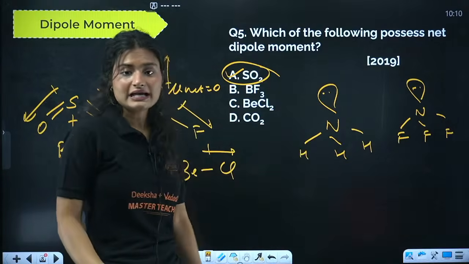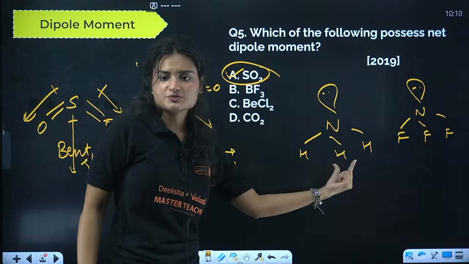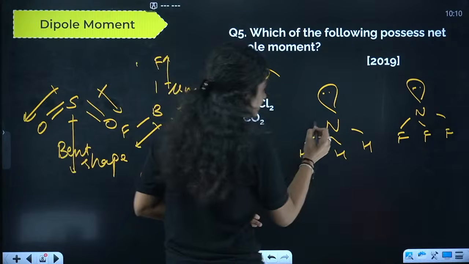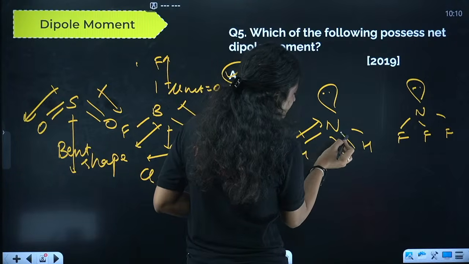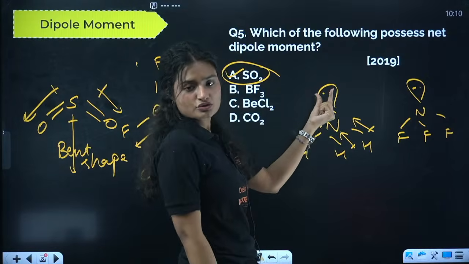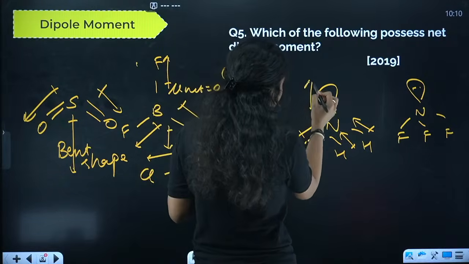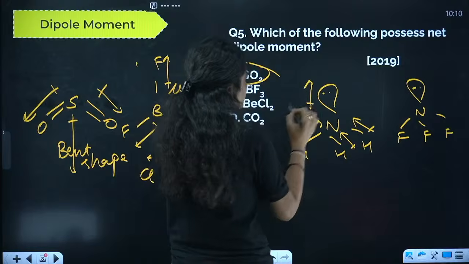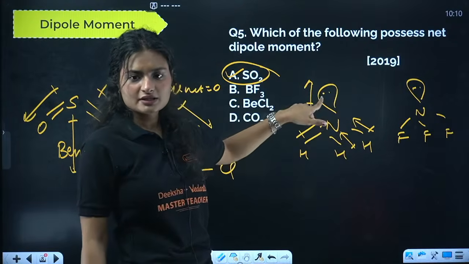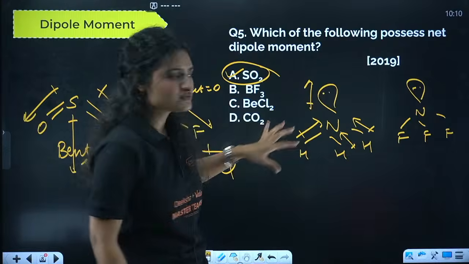In the NH bonds, nitrogen is more electronegative, so the dipole direction will be toward nitrogen. Between nitrogen and the lone pair, the dipole moment direction will be toward the electrons. Now all of these are going in the same direction, so all these dipole moments will add.